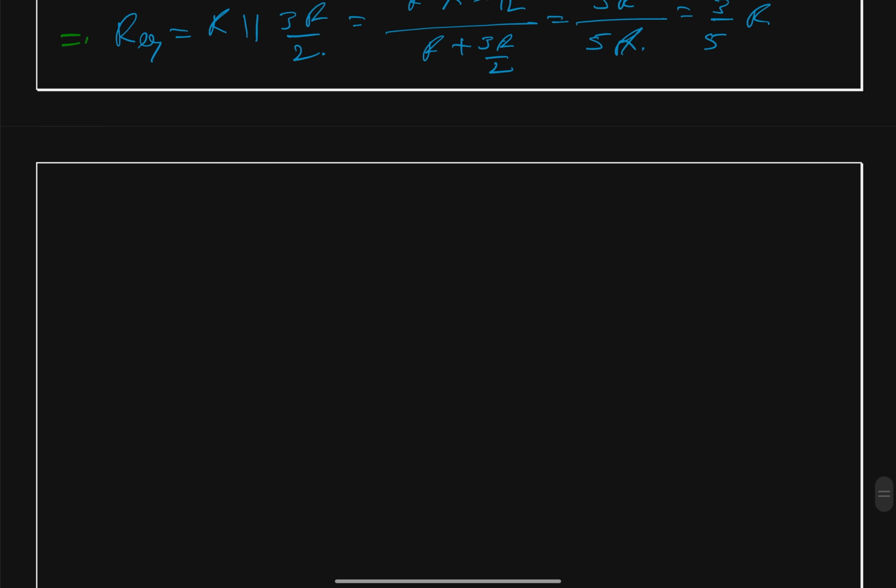So let me draw it again here. So we have our A, P, Q and B, R by 4, R by 4 and 3 by 5 times R. And because all these are in series, so the current will be same.